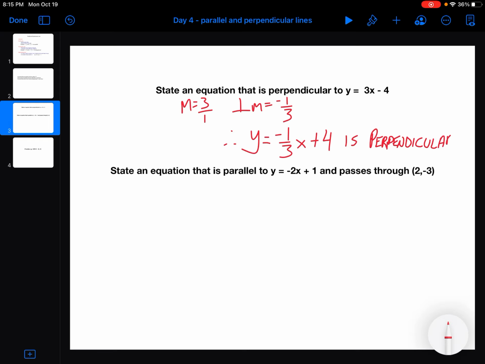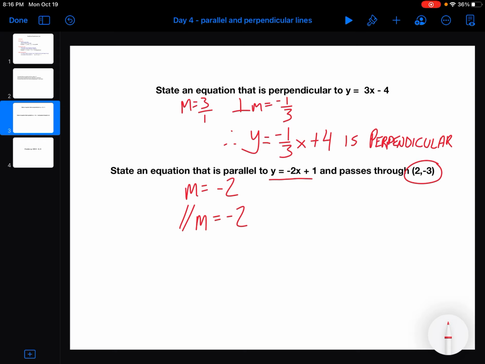We could also state an equation that is parallel to the following line and passes through this point. We're going to learn how to use this kind of method soon, but if it's parallel, our slope is equal to negative 2, so a parallel slope is also equal to negative 2.